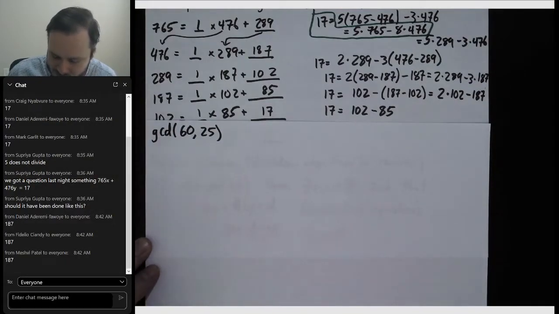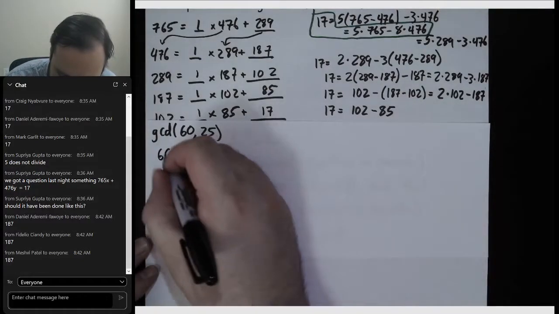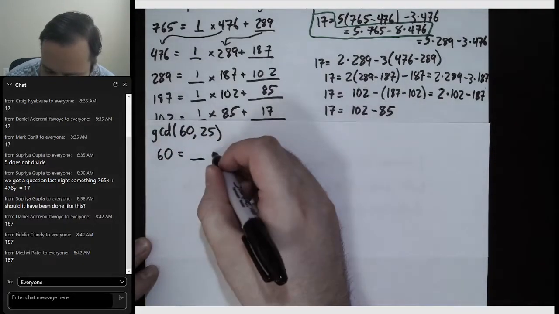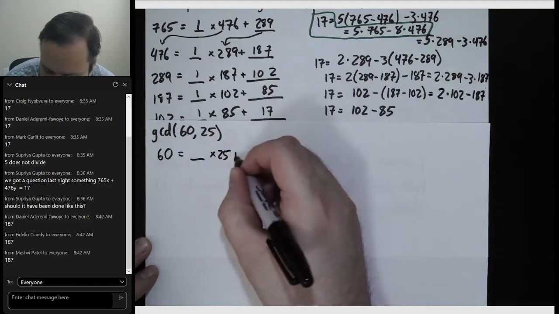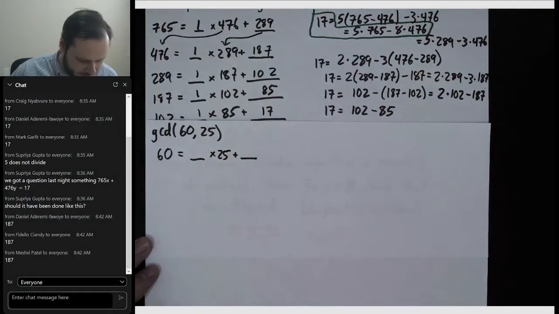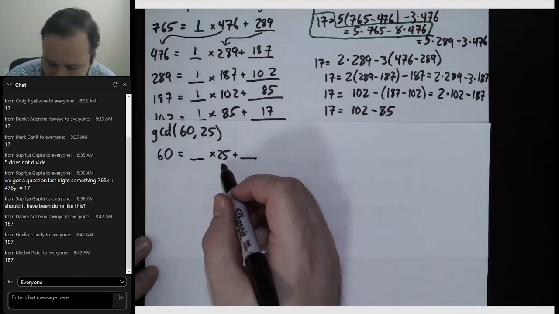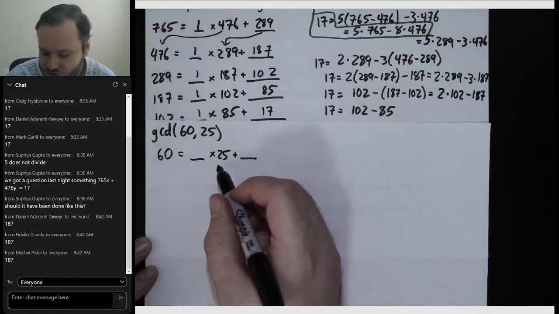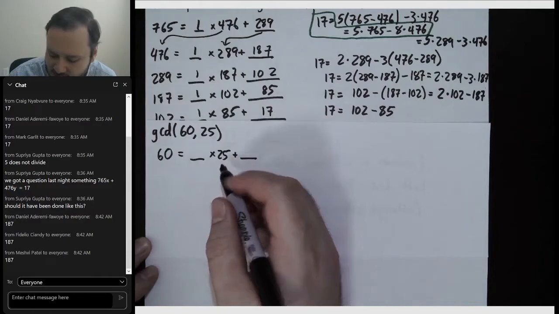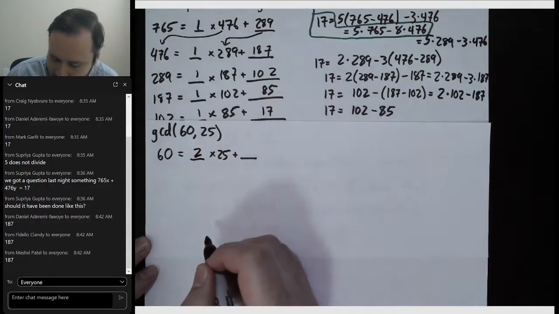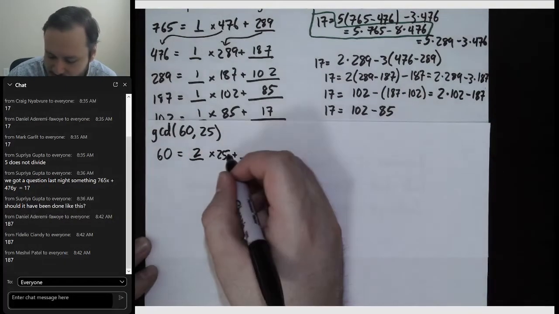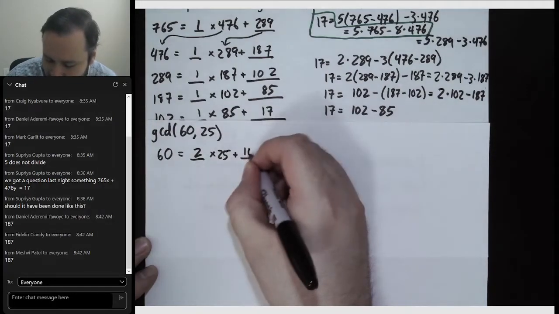Okay, so we start with our forwards Euclidean algorithm. 60 is equal to something times 25 with a remainder. In this case, doubling 25 gives me 50, so that's okay. Tripling 25 gives me 75, that's too big. So I get 2 copies of 25, which gives me 50, with 10 left over.